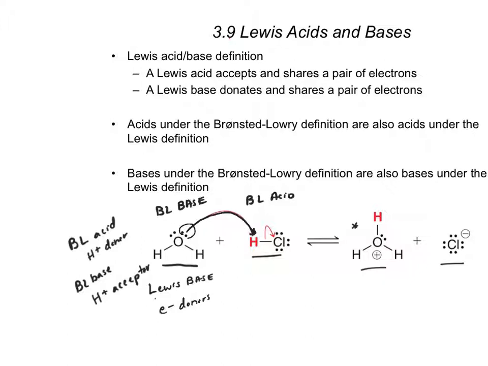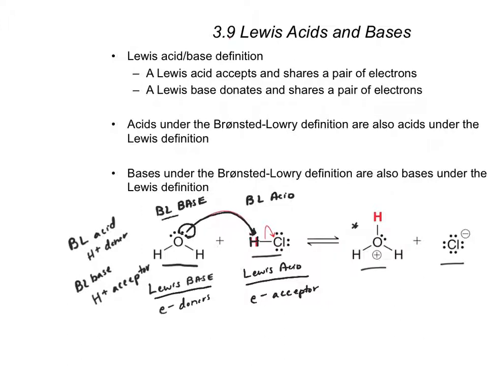So a Lewis base is an electron donor, whereas a Lewis acid, which happens to be HCl in this reaction, is a Lewis acid because it's an electron acceptor, right? The acid accepts these electrons from water, forming the various products, okay?